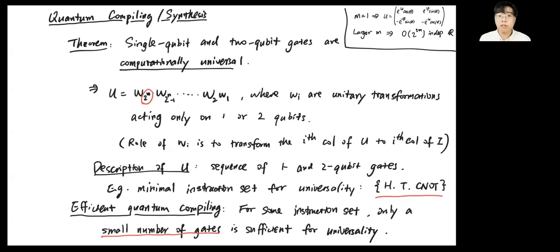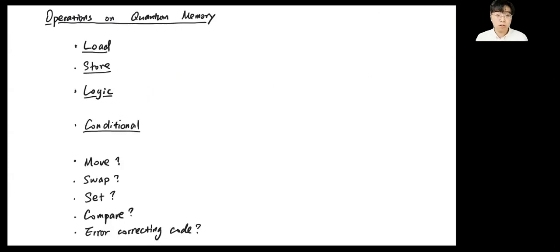Now, for the remaining time of the lecture, I'm going to discuss more systematically what are the operations we can do or cannot do on qubits, in other words, on quantum memory. Okay, so first let's start with some common operations on classical memory and see if we can implement the analogous version in quantum memory. So how do we load data from quantum memory?